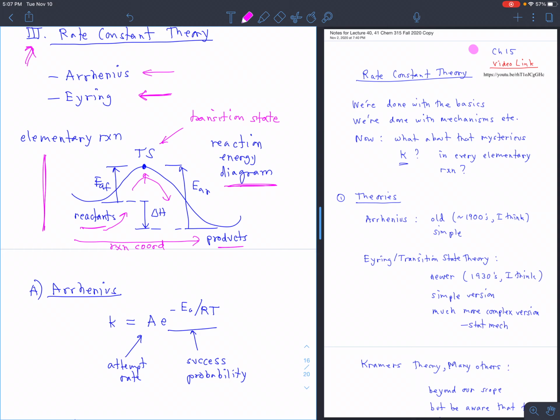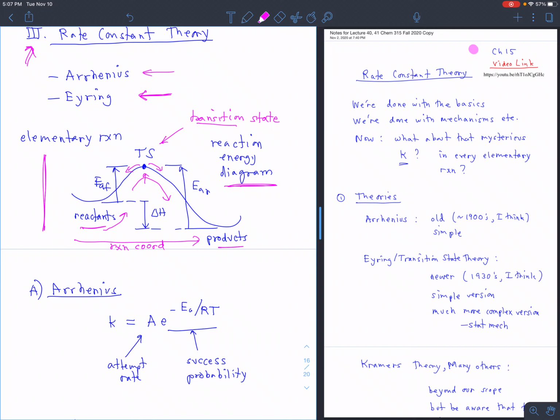And it is unstable, right? If I tweak it in one way, I'm going to go back to reactants. If I tweak it in the other way, I'm going to go back to products. So it's not a stable species. It's not something you can put in a jar. It exists only for a fleeting moment of time and then transitions off, hence the name transition state, to something else, to reactants or products.